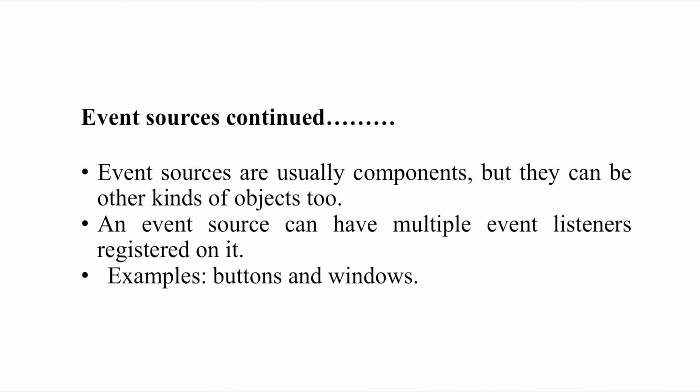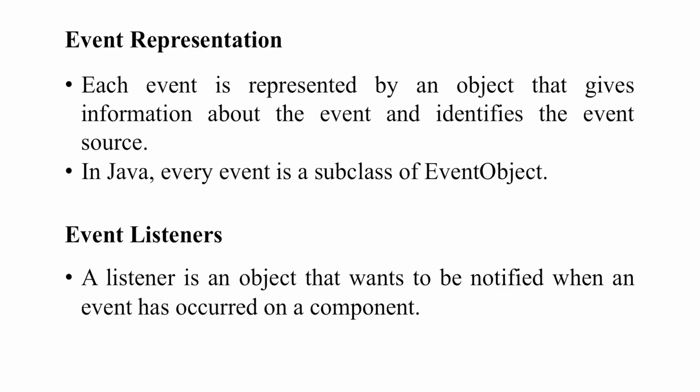Event sources are usually components, and they can be other kinds of objects too. An event source can have multiple event listeners registered on it, like buttons in windows. Event representation: as we told in the earlier slide, every event is represented by an object, and every event is a subclass of the event object. And a listener is also an object which can be notified when an event occurs on a component.